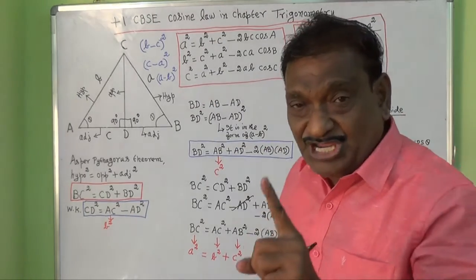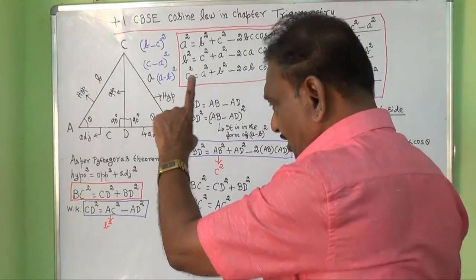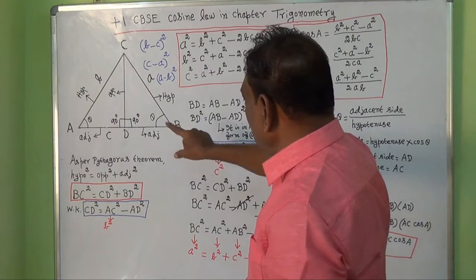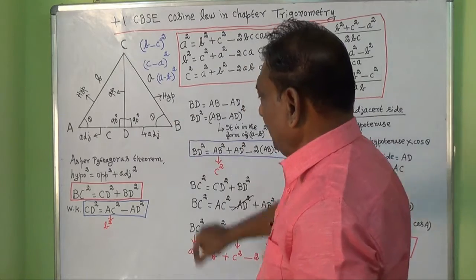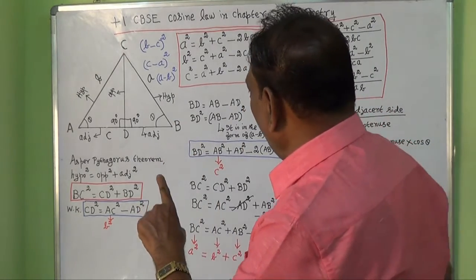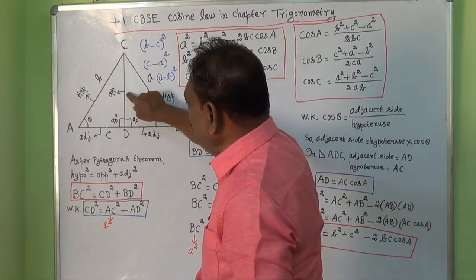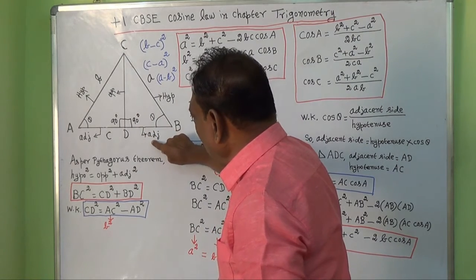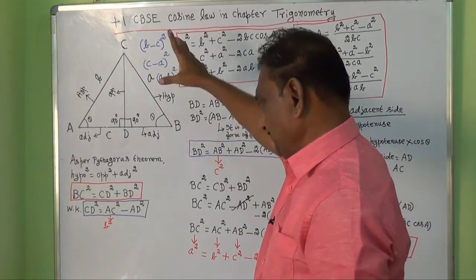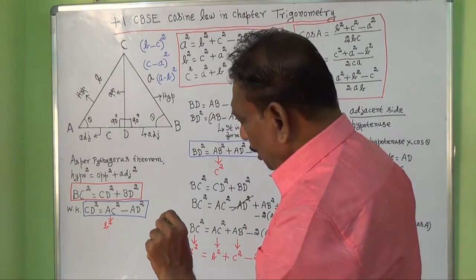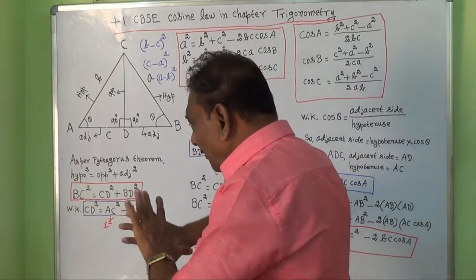So initially we are taking the right side right-angled triangle BDC. Therefore, BC square equal to CD square plus BD square. That is, hypotenuse square equal to opposite side square plus adjacent side square. This is the opposite side square. This is the adjacent side square of the right side right-angled triangle BDC. Then we are going to write CD square and BD square separately.